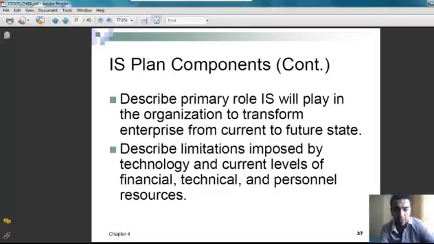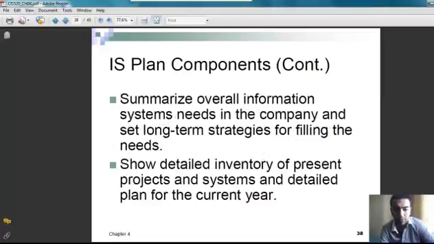Describe the primary role IS will play in the organization to transform the enterprise from its current to future state. Describe limitations imposed by technology and current levels of financial, technical, and personnel resources. Summarize overall information system needs in the company and set long-term strategies for filling the needs. Show a detailed inventory of present projects and systems and a detailed plan for the current year.